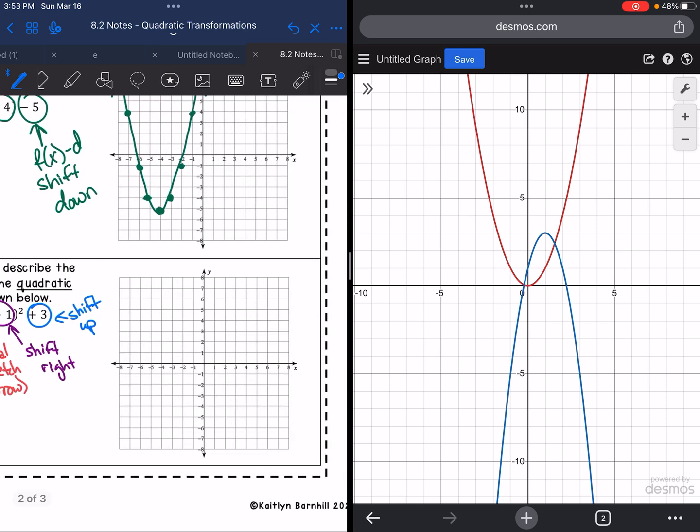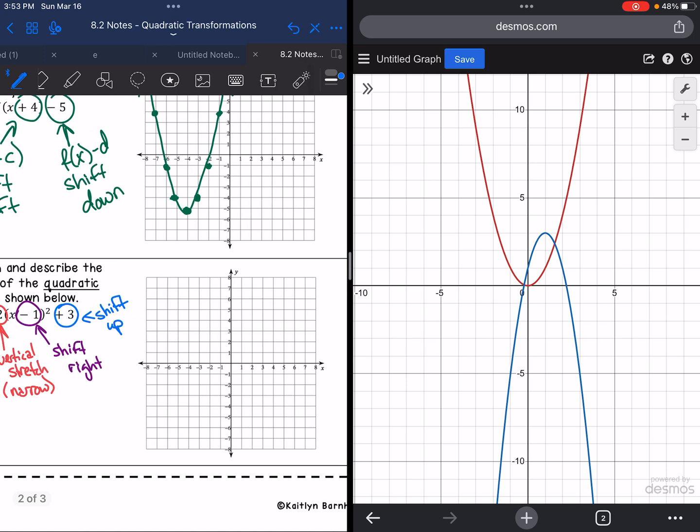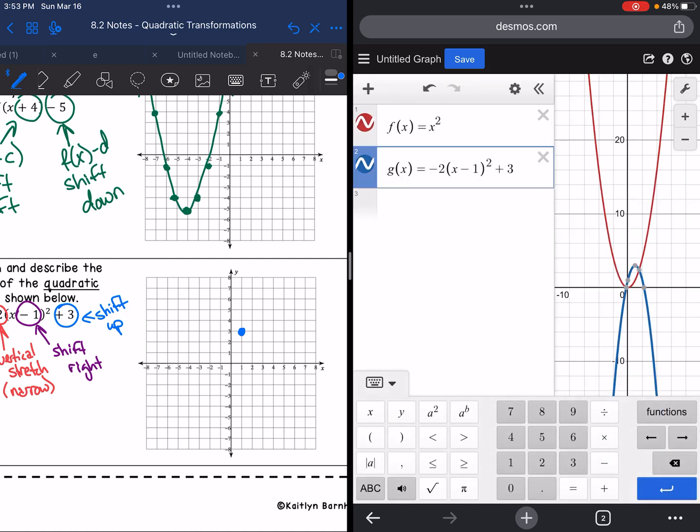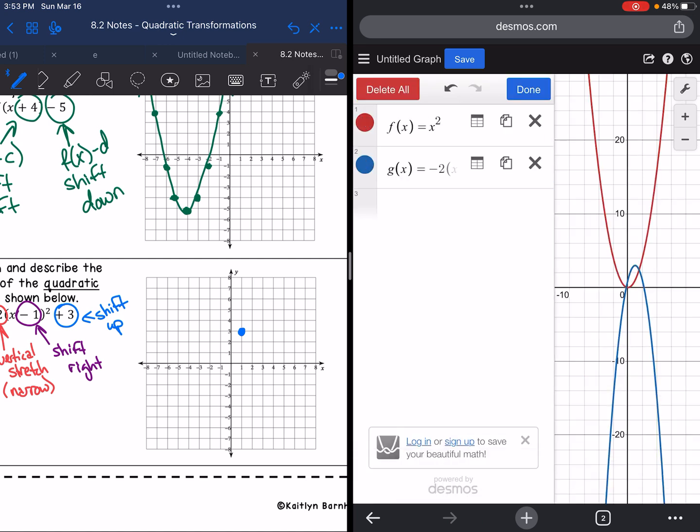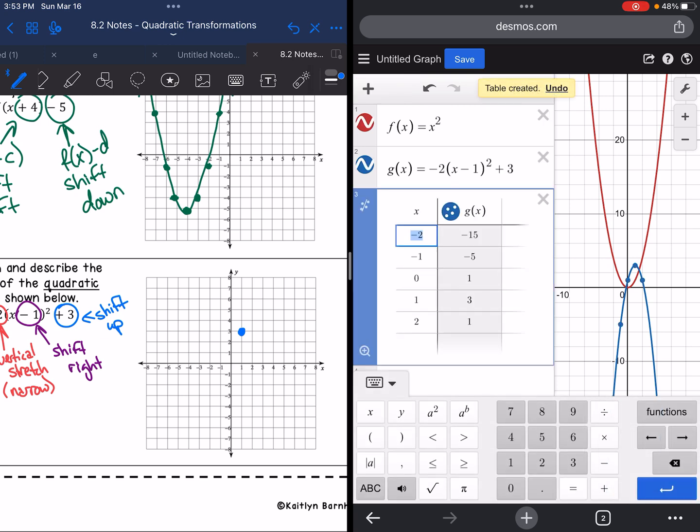All right, and then so to graph this new one, right off the bat, I know my vertex is going to be at (1, 3), right? And then I can use my table on Desmos to help me find my other points. So I click on the gear, click on the table for that one, and it lists things out. -2, -15 is too big, but I can get -1, -5 on here. 0, 1, and then there's that (1, 3) for the vertex, and then we start working our way back down.